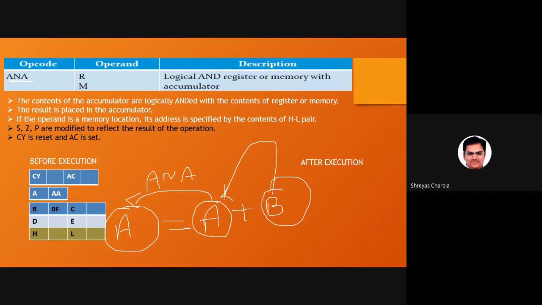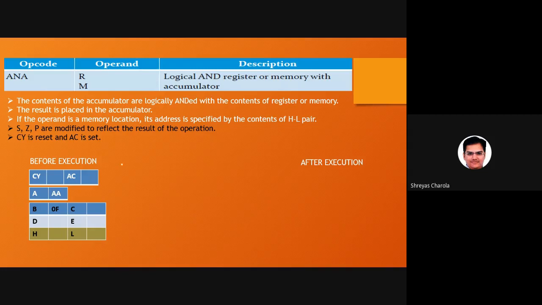In the logical operations also it is the same thing. We can do the ANDing operation ANA A. If I write ANA B, it will do the ANDing operation with B, and the answer will be stored in A only, remember. The accumulator is always there for arithmetic and logical operations. Suppose the accumulator is AA, that is 1 0 1 0 1 0 1 0, and B is 0F, so 0 0 0 0 1 1 1 1.